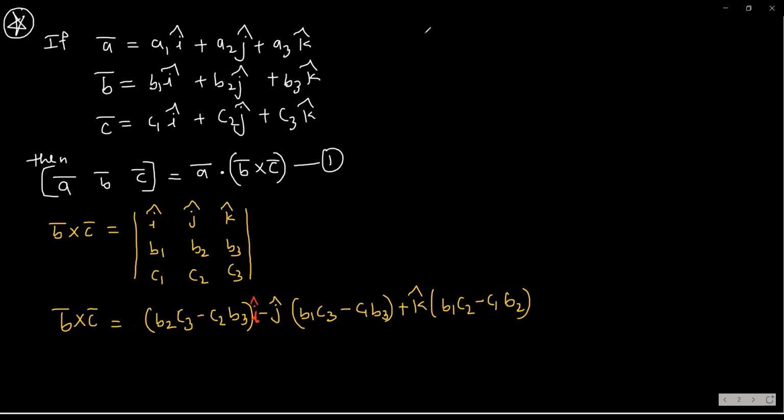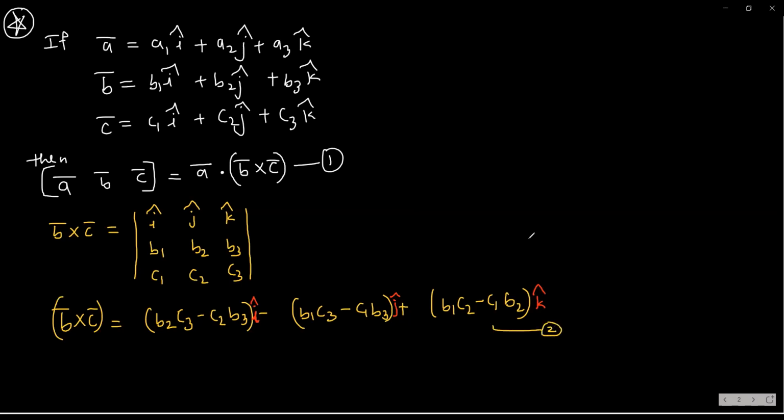This j cap, can I write the j cap after the bracket? Definitely yes. So you will remove it from here. And this k cap, I would write here. So this is vector b bar cross c bar. I write this as number 2.